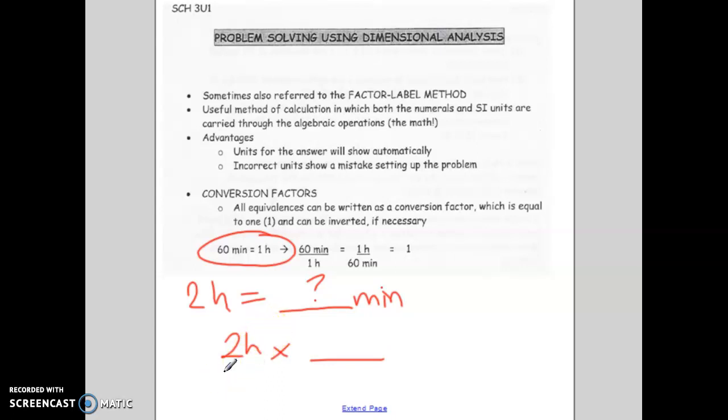A nice easy way to remember this is that the unit we want to get rid of has to be on the bottom. So we want to get rid of hours, so hours has to be in the denominator. The unit that we want to have has to go on top, in the numerator.